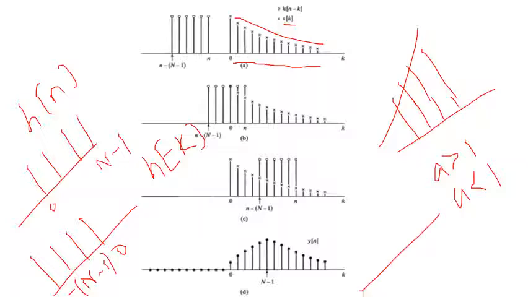Okay, so if I write h of n minus k, it is going to be like this, 0 point will be shifted to n, then we have many samples, and then finally point will be h of minus n minus 1. So this is shifted, this is shifted.